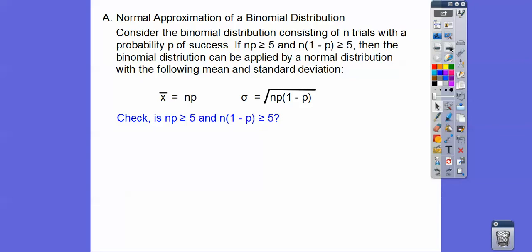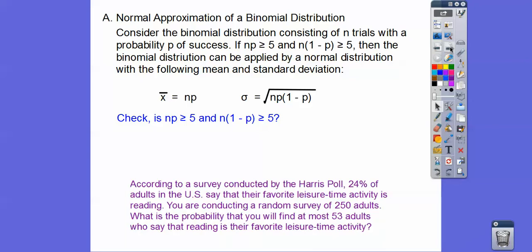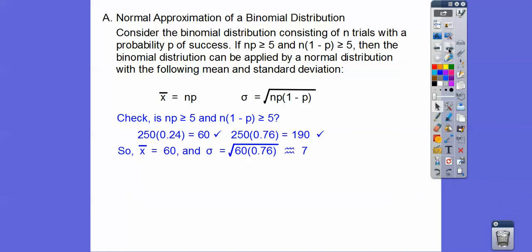So let's check. Remember, n is 250 and p is 24%. Plugging them in, they are both greater than 5, so they check off and we can use our approximation. Our mean is 60, and our standard deviation is approximately 7. Now let's answer this question.